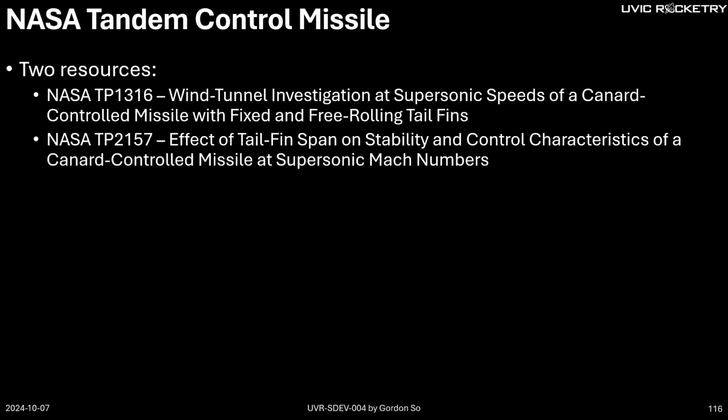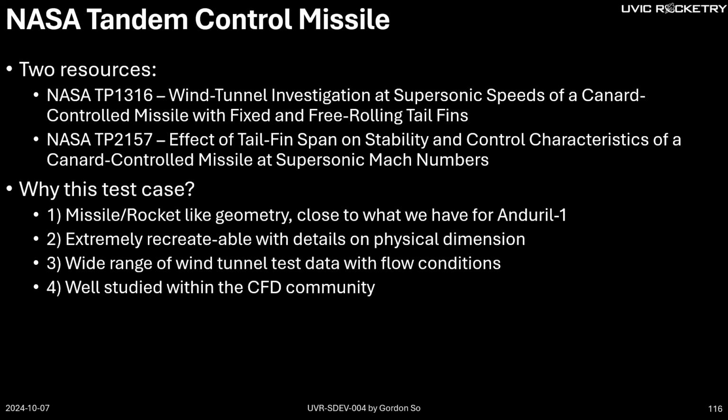Basically, there are two wind tunnel tests with almost the same rocket. And you may ask, why do I use this test case? First, it's basically the scale of our size, and you will see in the next slide that dimension-wise it's pretty close to what we have. It's really recreatable because it gives me every single detail.